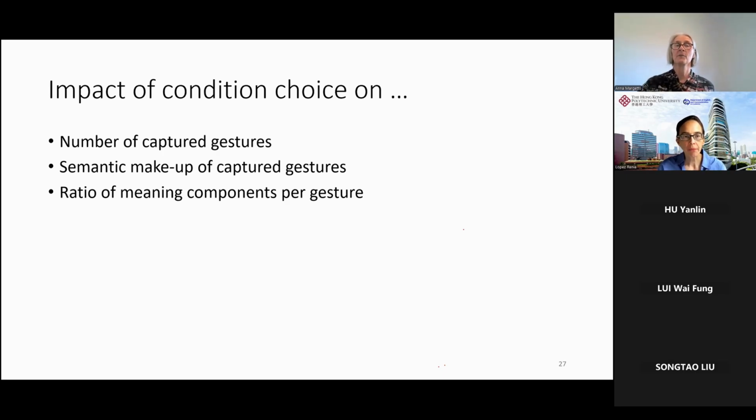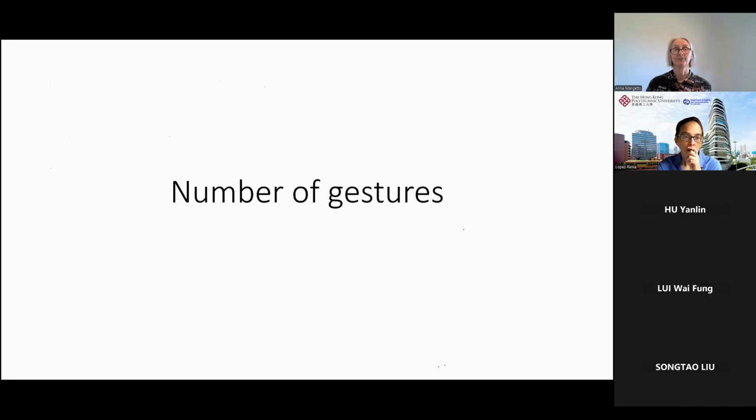As we've seen in the example earlier, we had a gesture of moving something, and we would have coded that as including path, but also caused motion and maybe information about the theme. Well, this gesture we would have coded as only expressing path, but not the other meaning components that might be possible. And so we looked at the ratio of how many meaning components are expressed by a single gesture on average, and how that is impacted by condition choice.